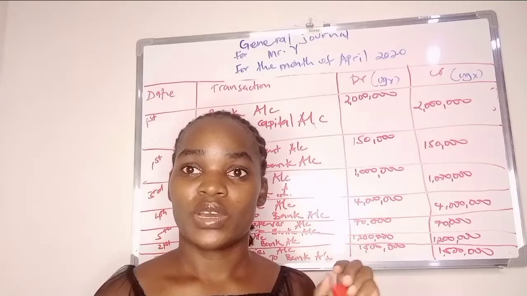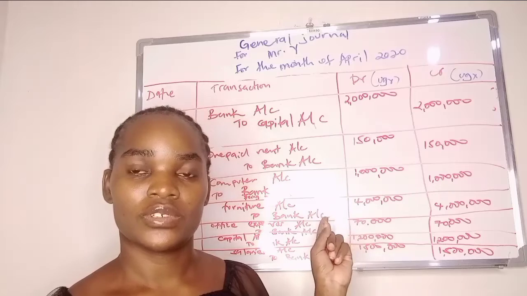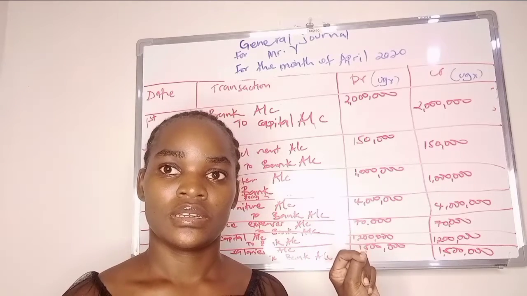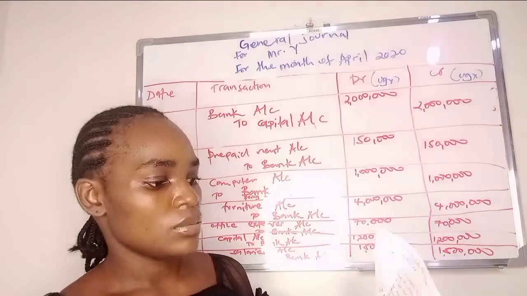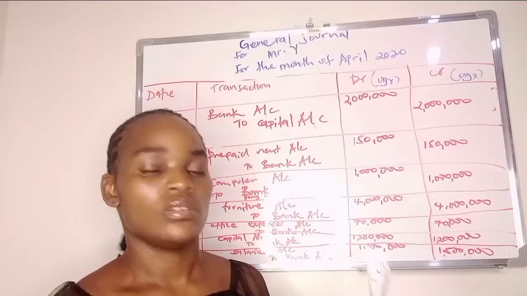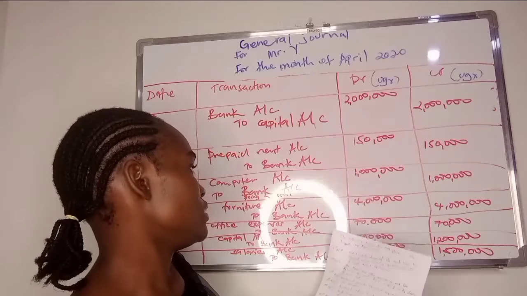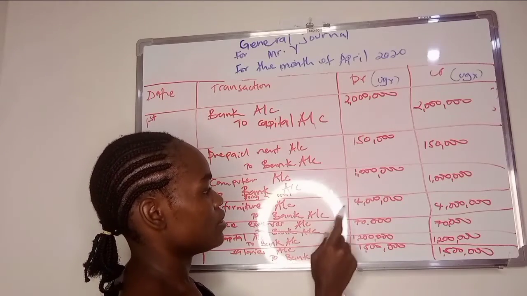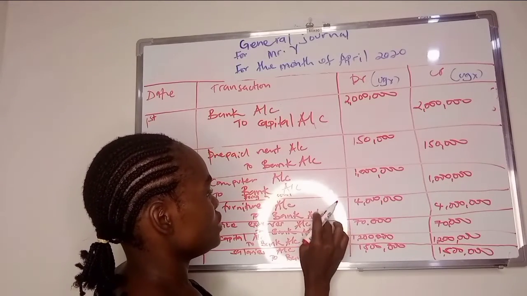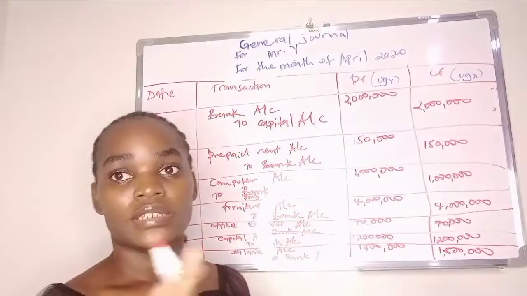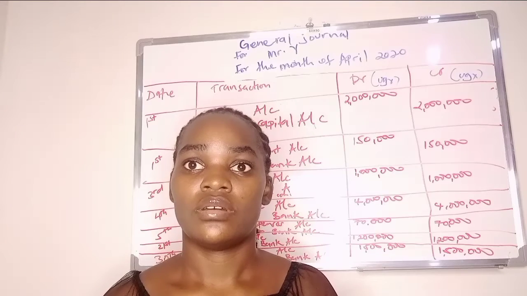And if you cannot come up with a note or a description, you can just repeat the sentence, the way it was written in the question. In the question it was like, purchased computer equipment worth 1 million. So you can just repeat that. Purchased furniture worth 4M. You write it down here. If you can't come up with a description, repeat what was given to you in the question.